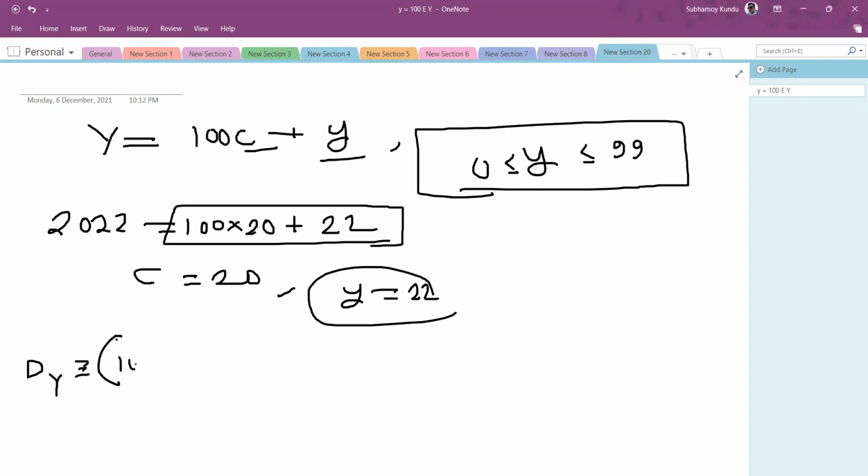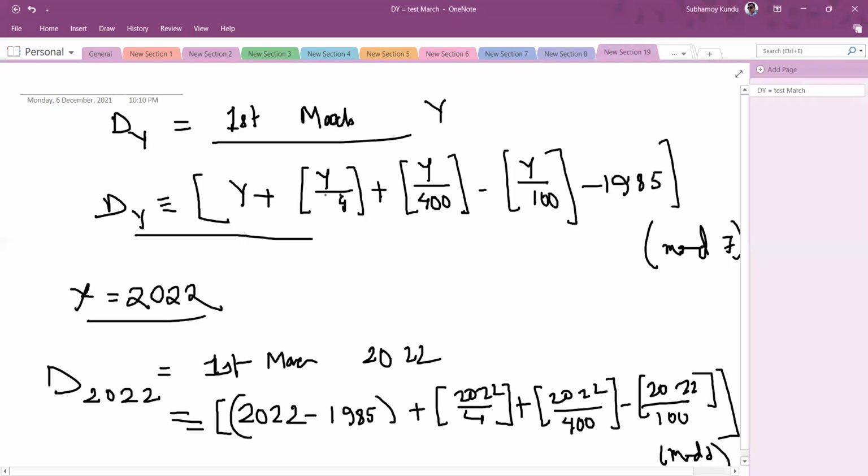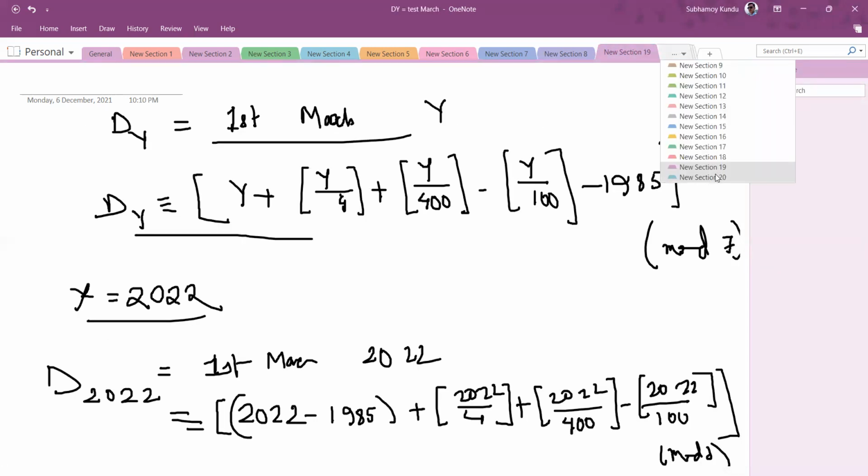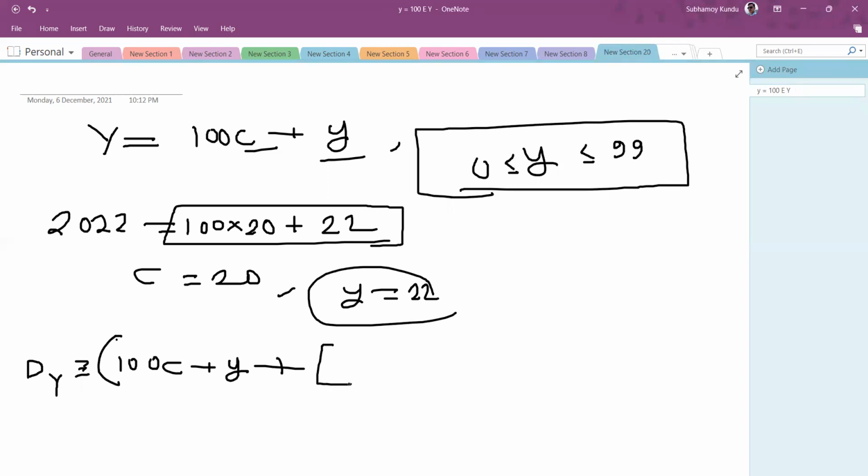Y means 100c plus y, plus y by 4, that means 100c plus y by 4.